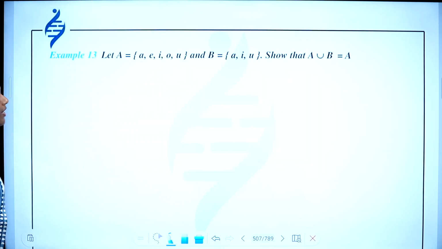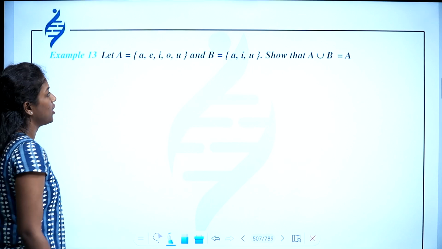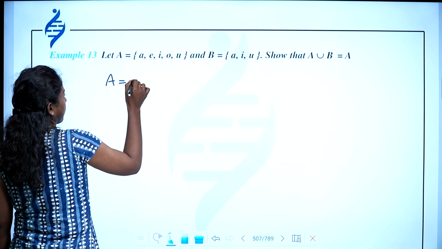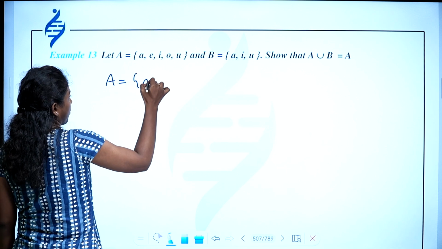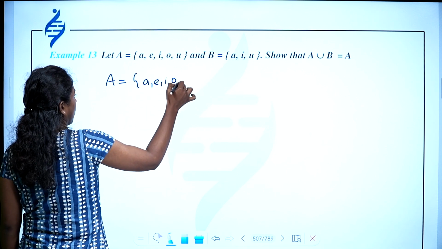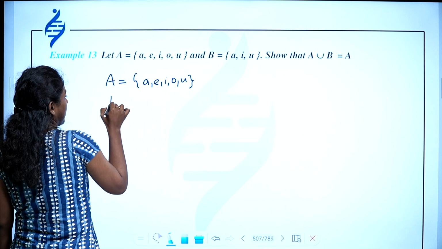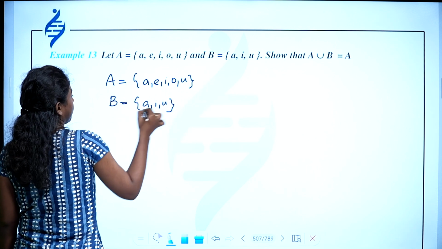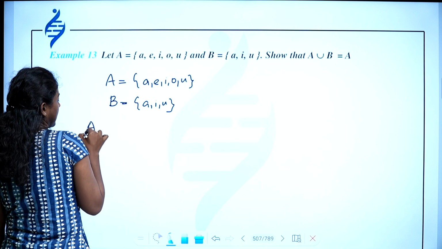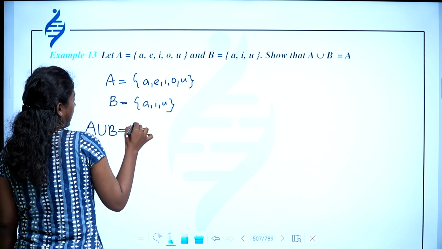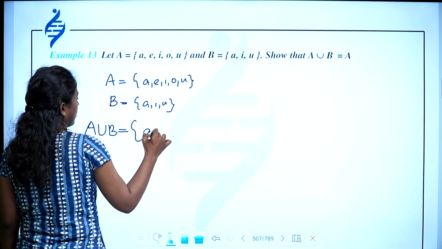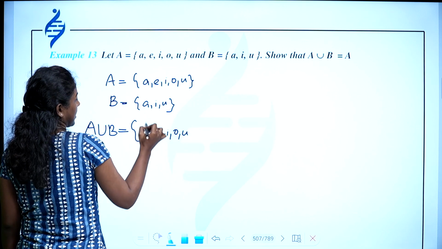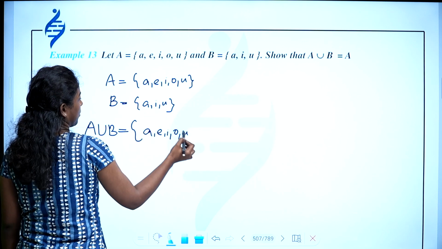Then let A be equal to A, E, I, O, U and B be equal to A, I, U. Show that A union B is equal to A. So what is A? A is A, E, I, O, U. What is B? A, I, U. You have to find A union B. A union B means you write all the elements A, E, I, O, U. Then A is already written, I is written, U is also written.